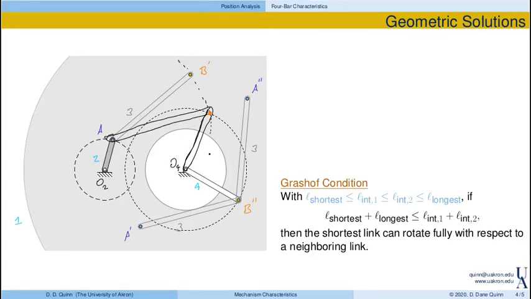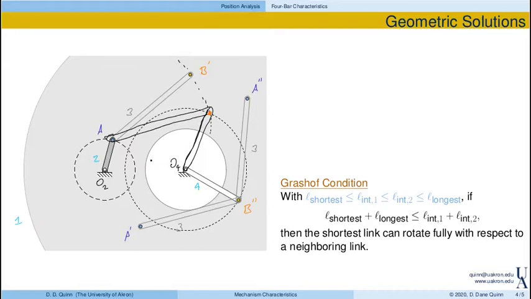So this would be the configuration of this mechanism when link 2 is oriented as shown. This is a geometric construction for the configuration of the linkages, and you can do this for just about any linkage. If you wanted to figure out what these angles are, well, if you draw this accurately enough, you could actually go and measure all this stuff out.